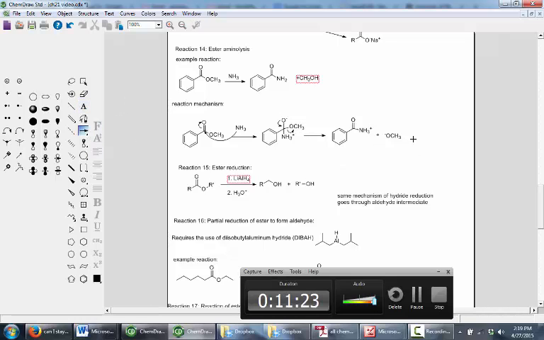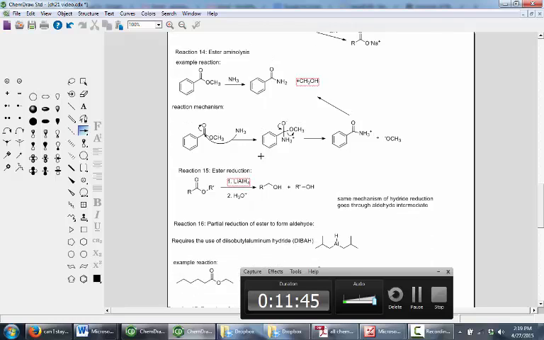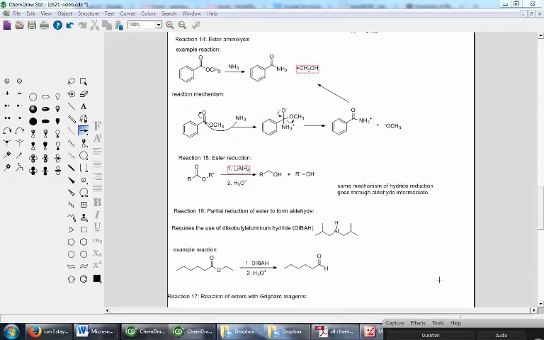However, we can do a proton transfer between those two molecules to give us the desired product. So again, these are my initial products, this protonated amide as well as the methoxide. But if I proton transfer this proton from the amide to the alkoxide, I will form my desired neutral products in this case.